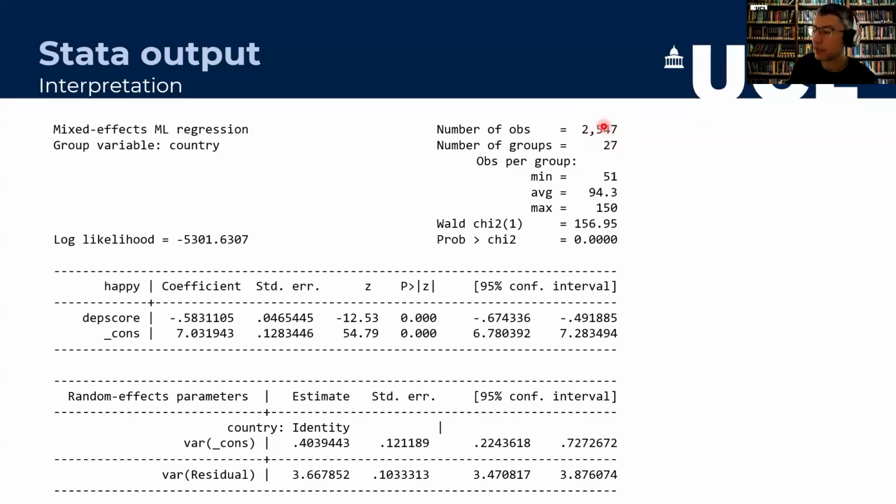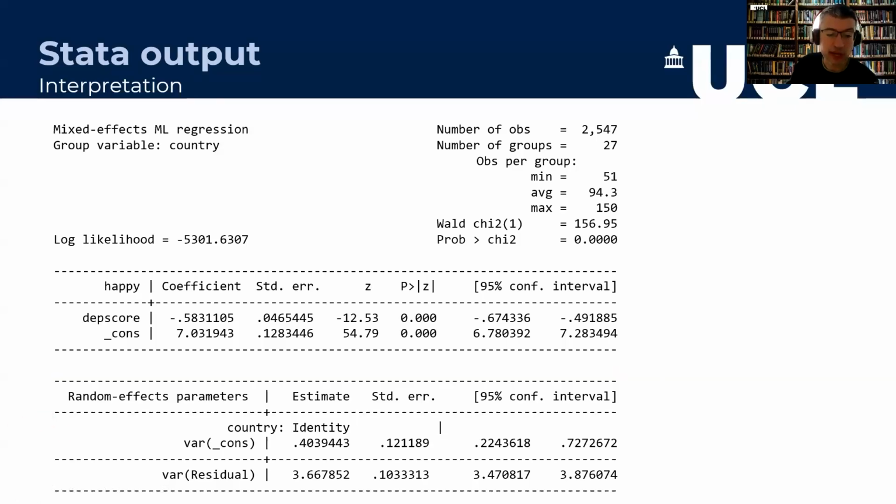If you divide this, on average, there are about 94 people per country, with a range, with some countries that have as little as 51 observations and others that have up to 150 observations. And then we have two separate parts of the model: the fixed part of the model, and then the random effects parameters.